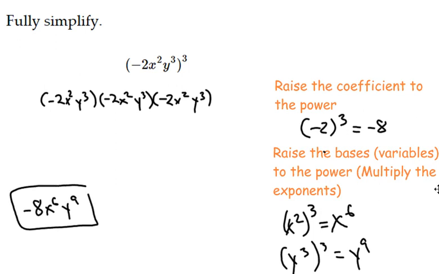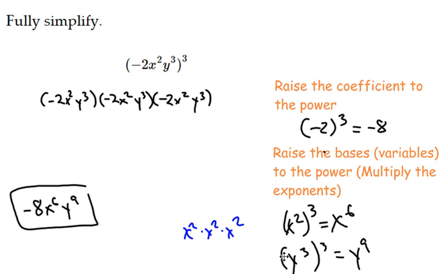That's our final answer. If you want to think about why you multiply the exponents, well, think about it. X squared to the third power is x squared times x squared times x squared. So if you were to add the exponents, you would get x to the sixth.